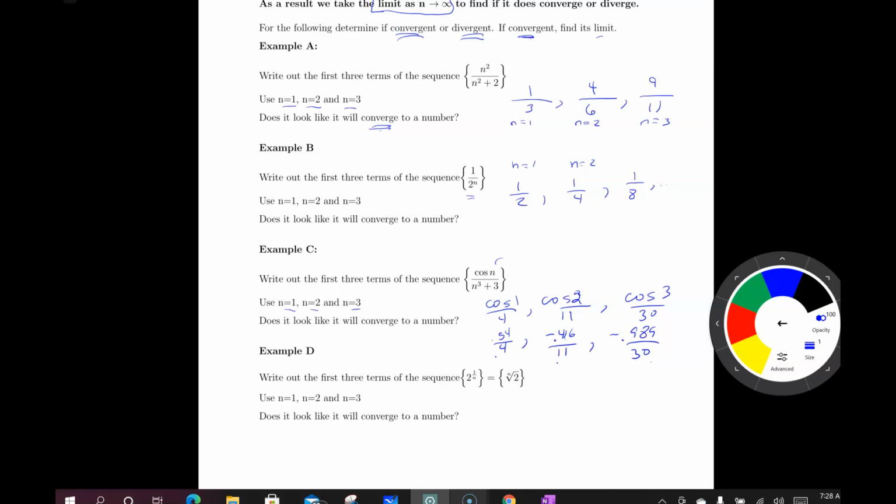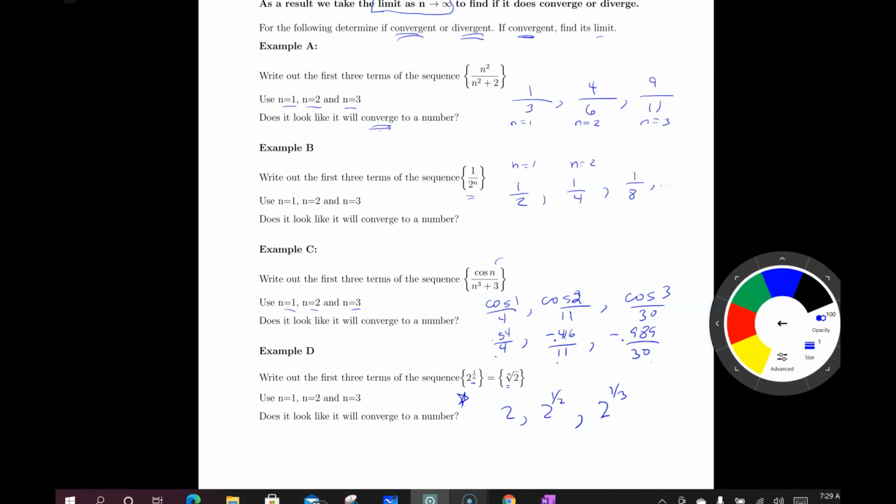Then this one here, 2 to the 1 over n, the nth root. Put a star by that, because of the nth root. If I plug in n equal 1, I get 2, 2 to the 1 over 1. If I plug in n equal 2, I get 2 to the 1/2, or the square root. That's something we know. And then 2 to the 1 over 3 is the cube root.